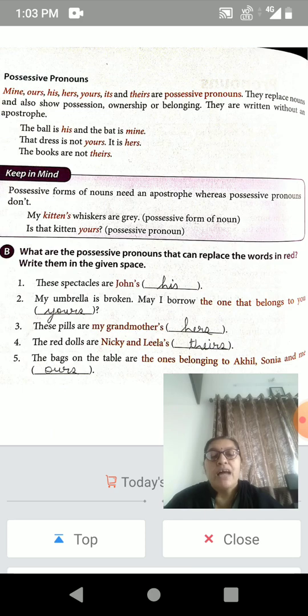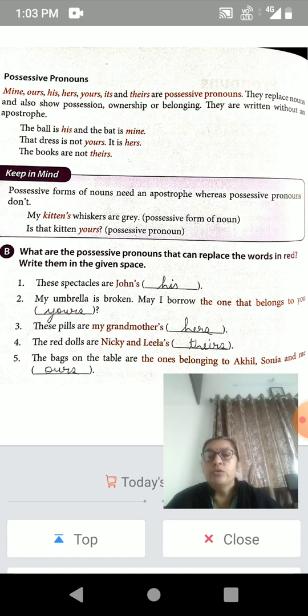They replace nouns and also show possession, ownership or belonging. Many times we ask whose this book. So out of you replied no, teacher, it's mine. Mine means belonging, ownership, possession.